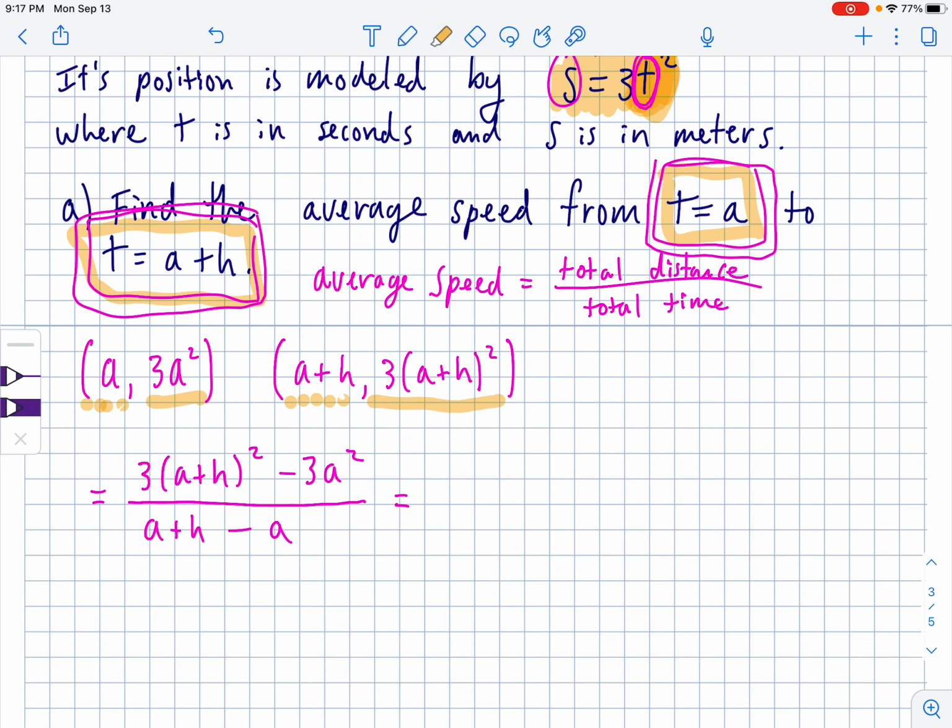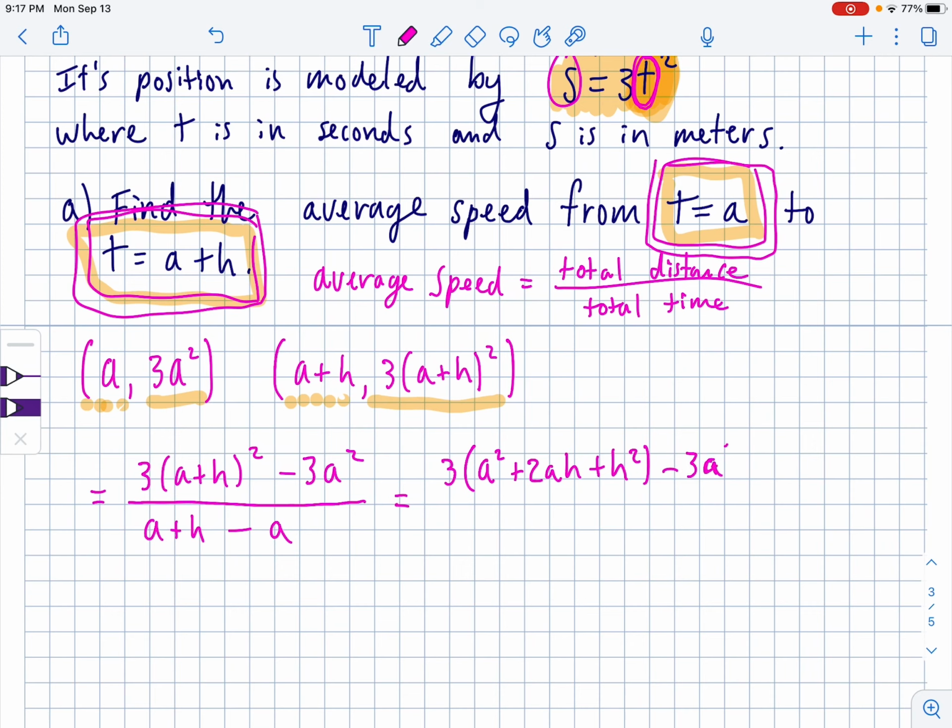The first thing I notice is that this (a plus h) squared, we can FOIL that out. So the 3 will just hang out on the outside, and then the inside will be a squared plus 2ah plus h squared.